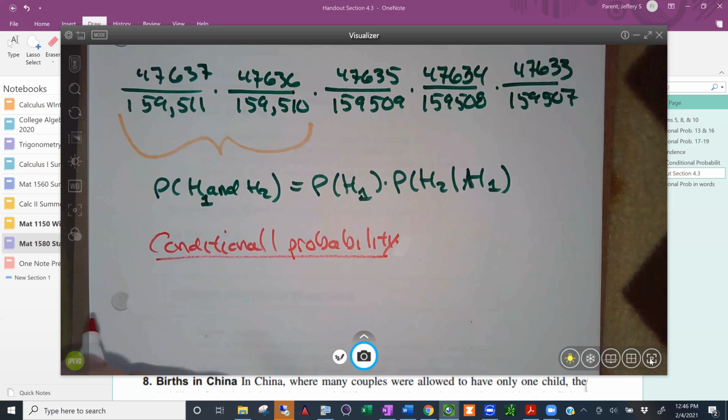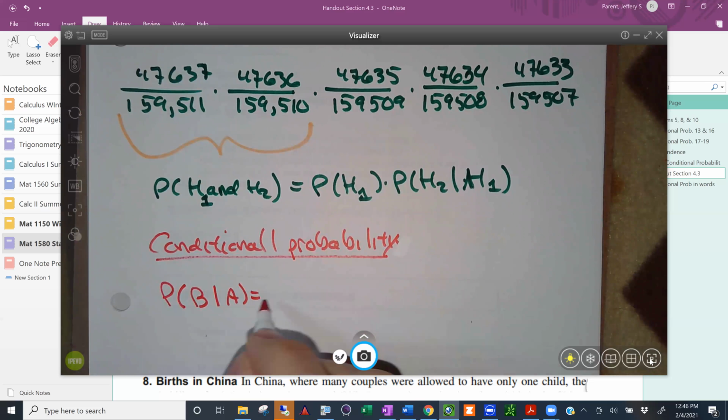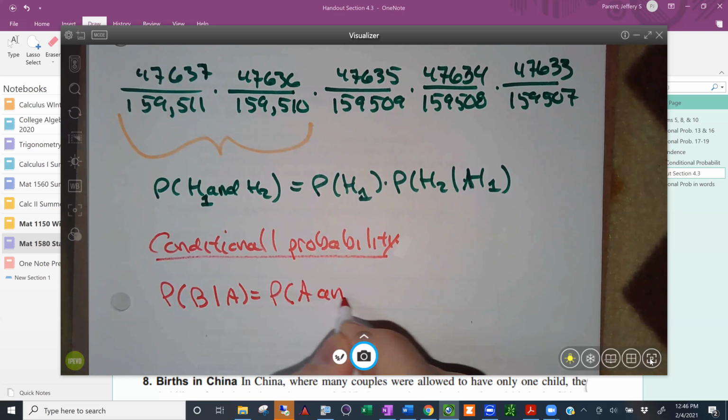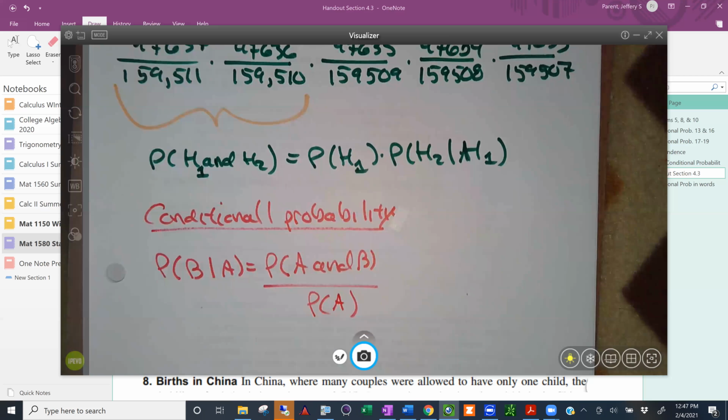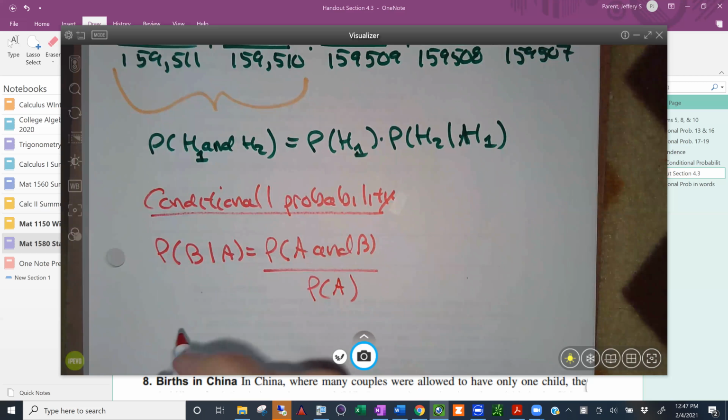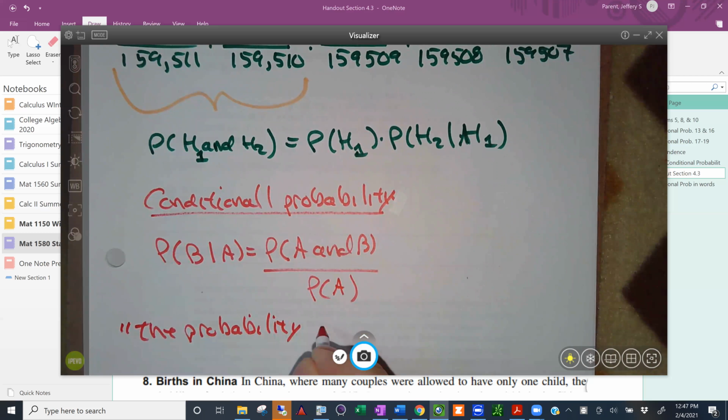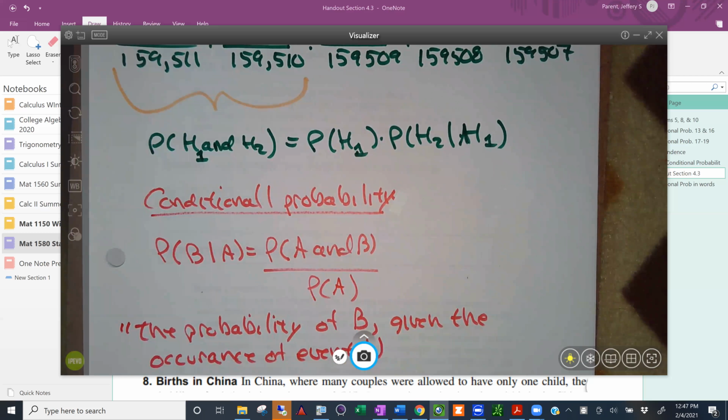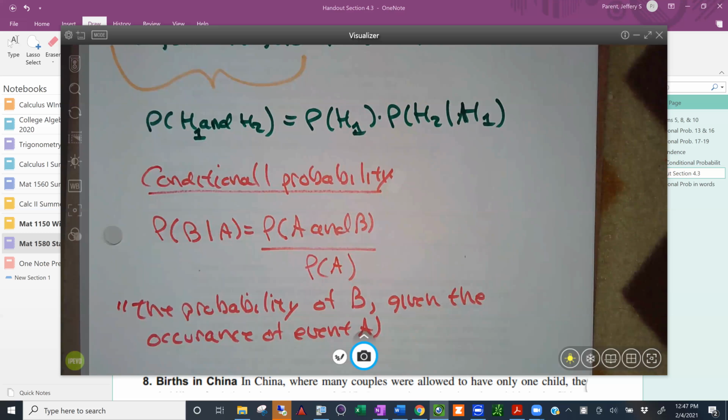Let me write it like this: probability of B given A equals probability of A and B divided by probability of A. The way you would read this is that it's the probability of B given the occurrence of event A. So what's the chance that B can happen given that A has already happened?